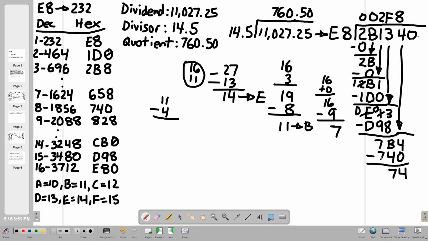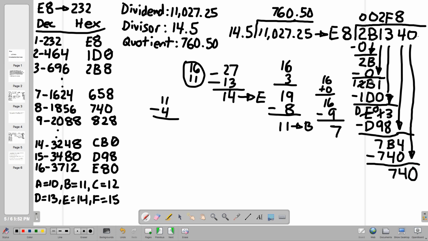And then 7 minus 7 is 0. And since 0 represents nothing, we're not going to display it. We'll go ahead and bring down our last value, which is 0. And that completes the cycle.